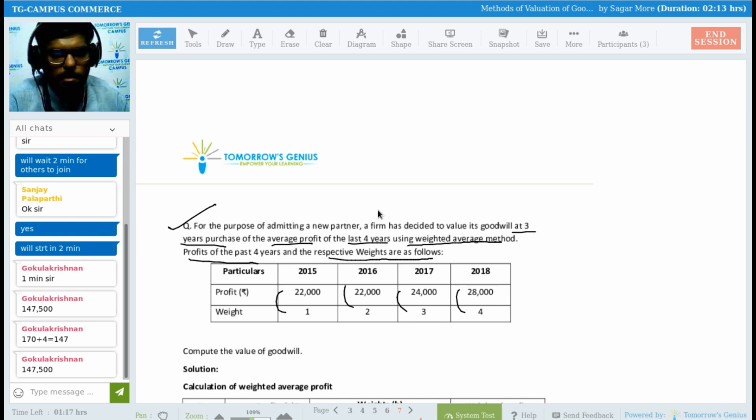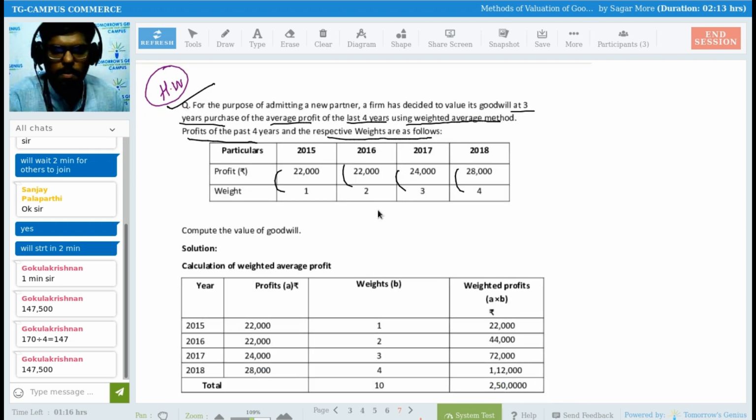Multiply by the number of years of purchase and we get the goodwill amount. You have to solve this question on your own afterwards as homework. I'm not going to solve this at present. Getting it, Sanjay? Completed? Okay, good.